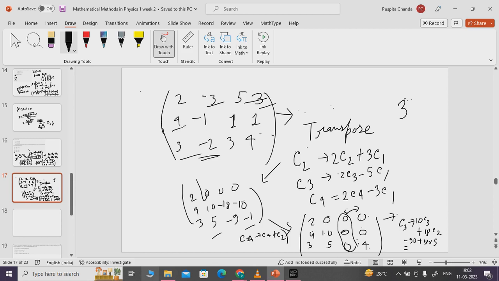Because one column has become 0, we have only done column operation. So by only column operation we can see that NC is 3.